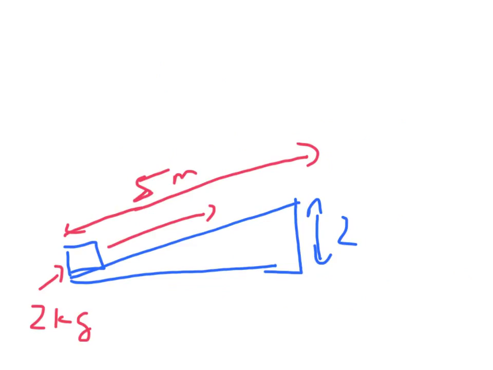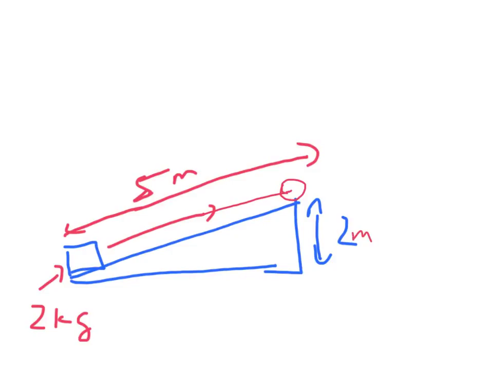Okay, let's now consider work done, potential energy, and actually considering friction. So let's think about this. We have got our block here. I'm going to slide this up to the top of the ramp. We're going to have a pulley again here doing all the work, lifting up the block. At the top, it would have gained 2 meters in height.